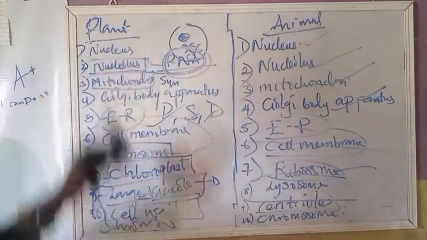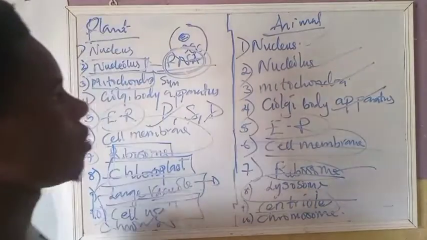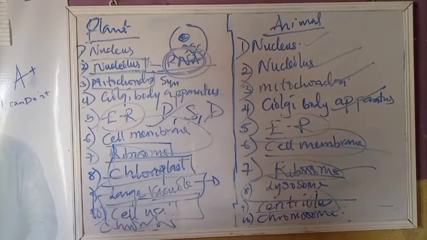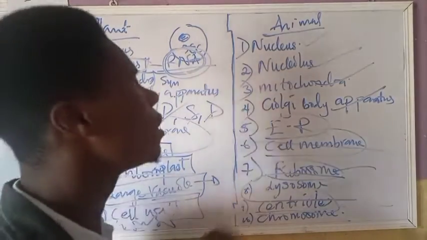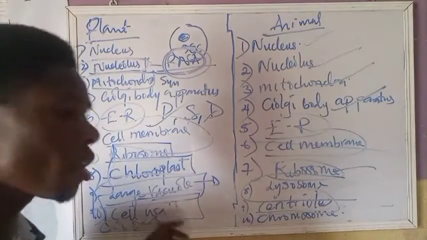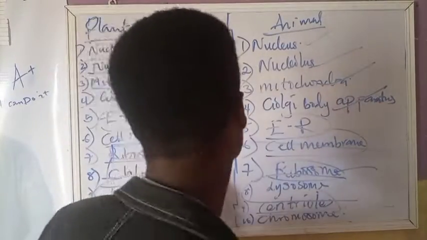So these are the functions of the cell organelles right from the plant to the animal. So the differences between plant and animal cell, they are quite many. Plant cell has cell wall. Animal cell has no cell wall. Plant cell wall is made up of cellulose, but animal cell's own cell wall is not made up of cellulose.